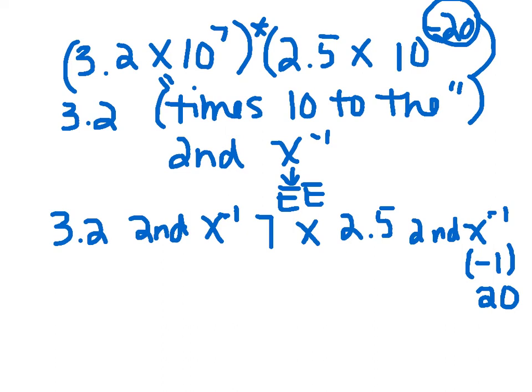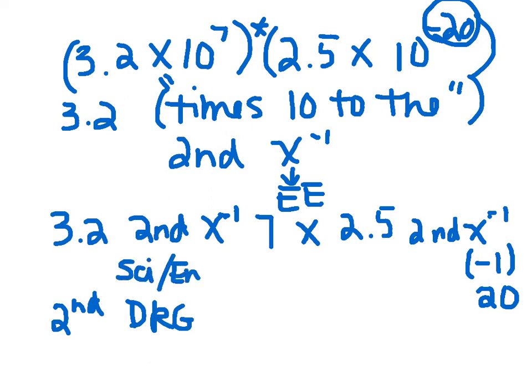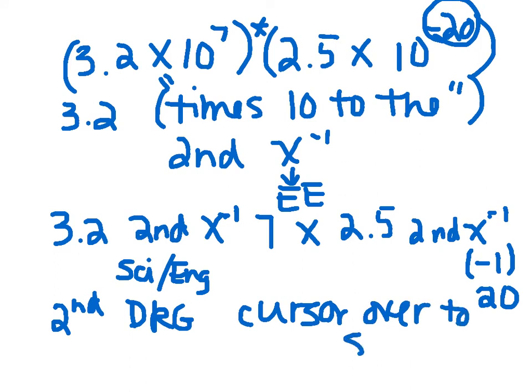And then you can do the second, and then look for DRG right next to it, which above says Sci Engineering. And then cursor over to SCI and hit enter. And it will give you the number in scientific notation.